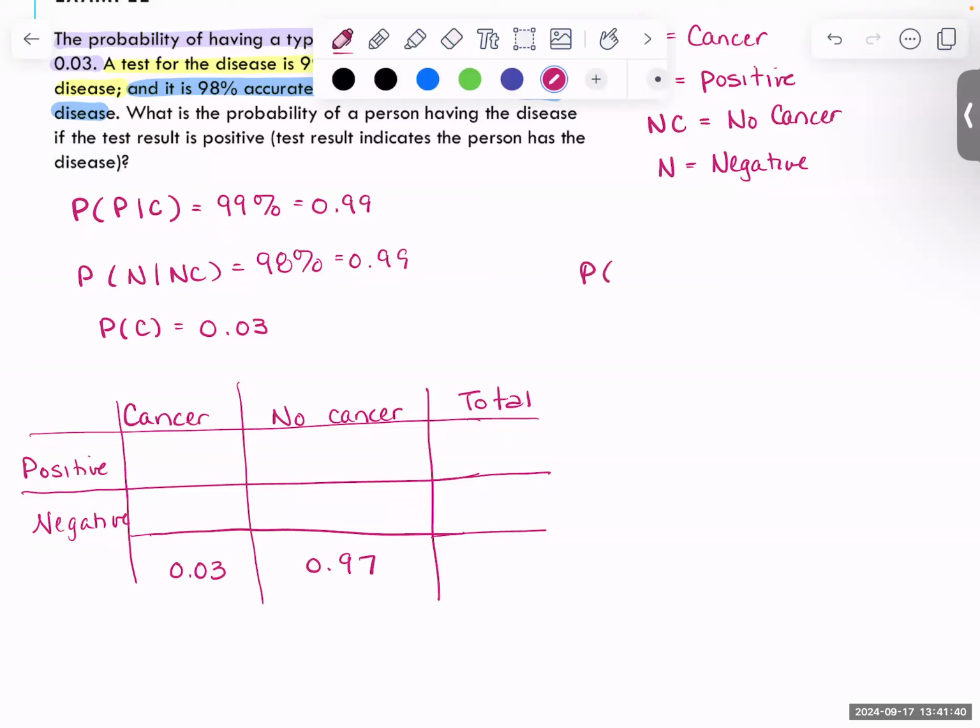The probability that I test positive given I have the cancer is the probability that I test positive and I have cancer divided by the probability that I have the cancer. And the probability that I test positive and I have the cancer would be the first cell in this table, first row, first column. And I know all the information except that. I know the probability of testing positive given that I actually have the cancer is 0.99.